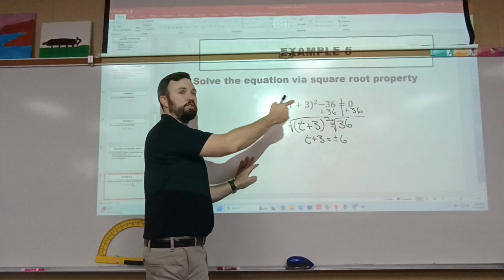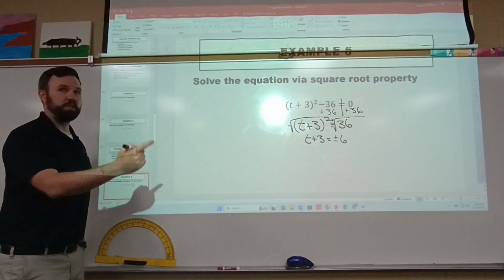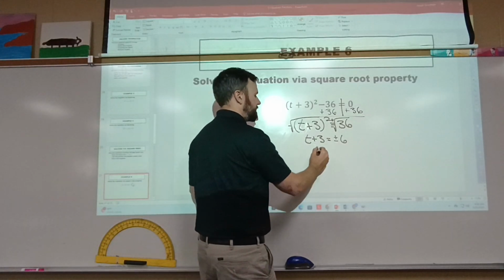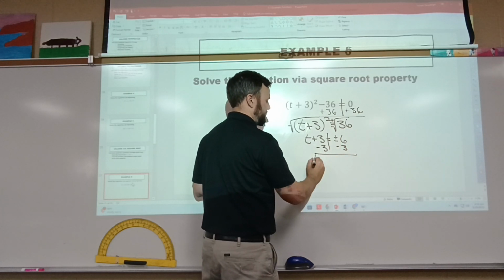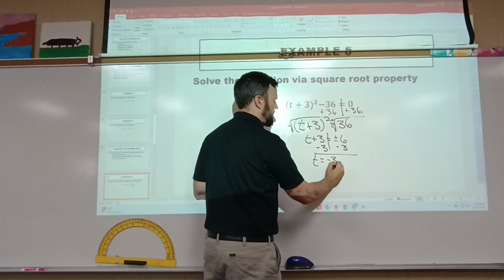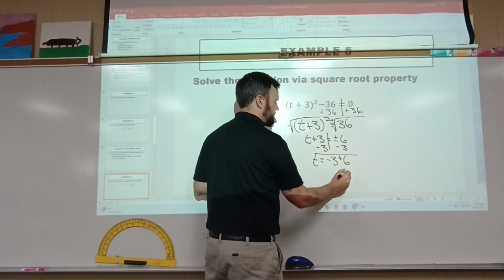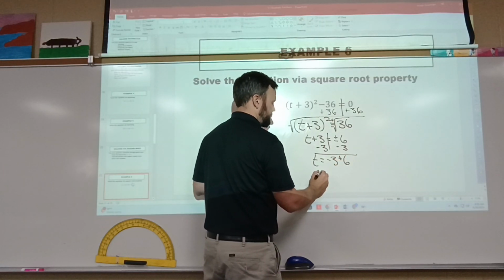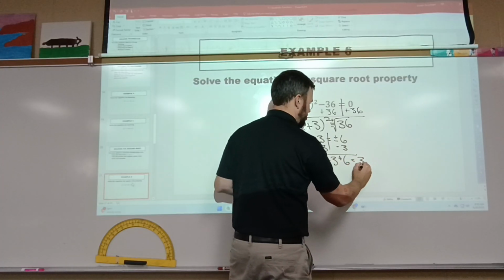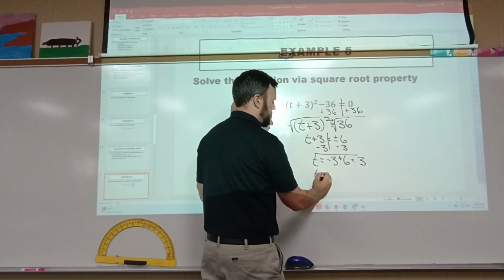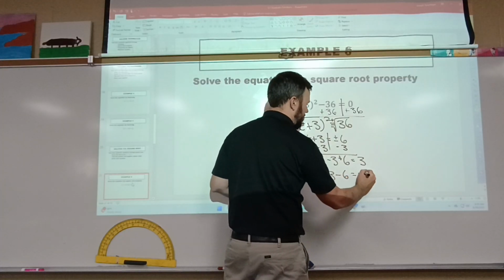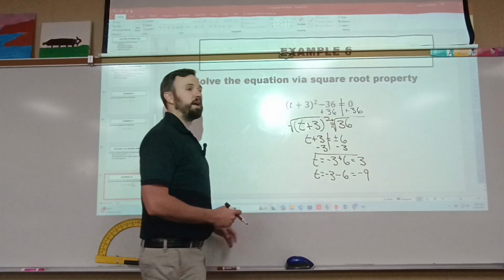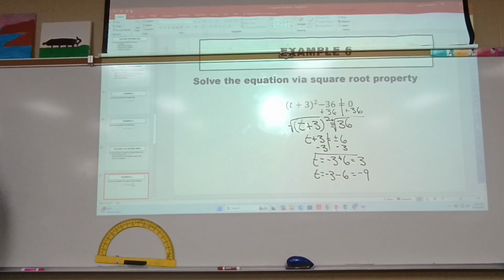Whenever you square root to solve, you need to put the plus or minus. So I subtract 3, so I get negative 3 plus 6, which is 3. And I also get negative 3 minus 6, which is negative 9. So those are my two answers, 3 and negative 9.